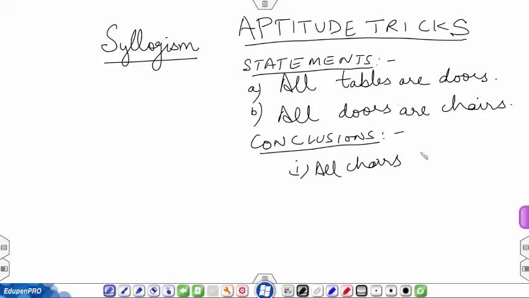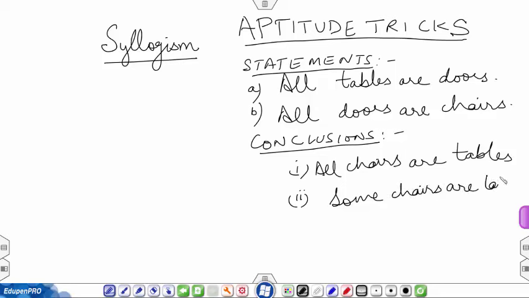Based upon these two statements, can I conclude that all chairs are tables? Second conclusion, some chairs are tables. You need to verify whether the first conclusion can be drawn from these two, or the second, or let's say both can be drawn.